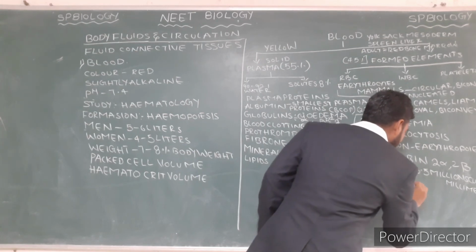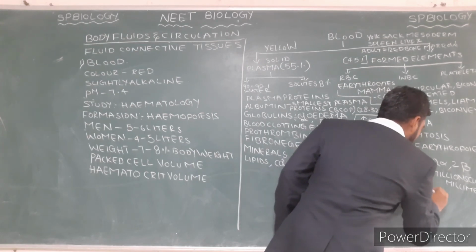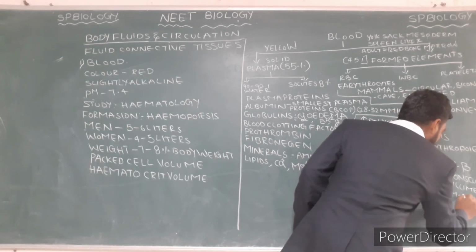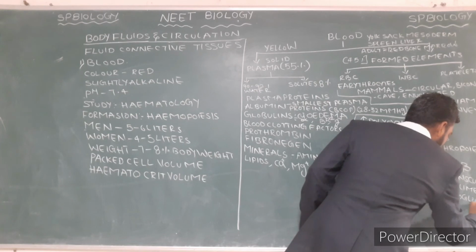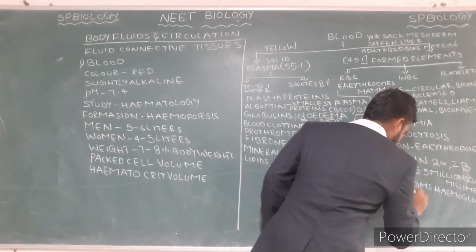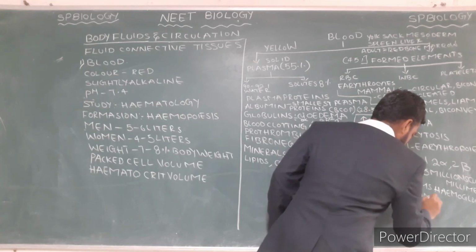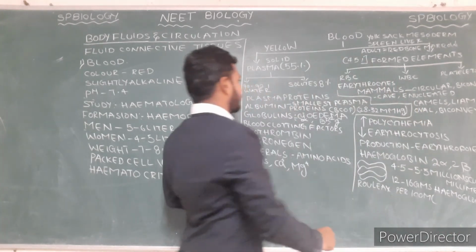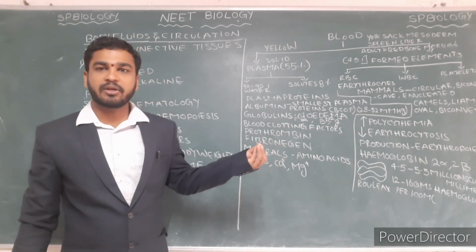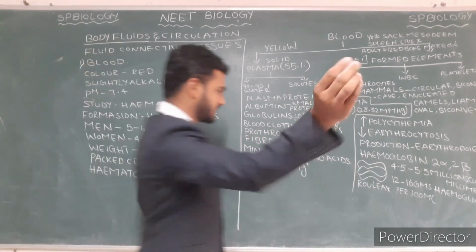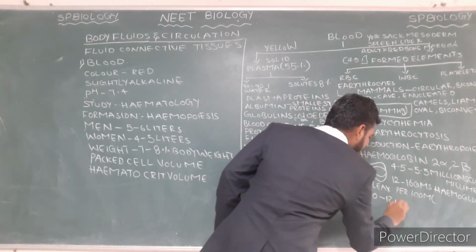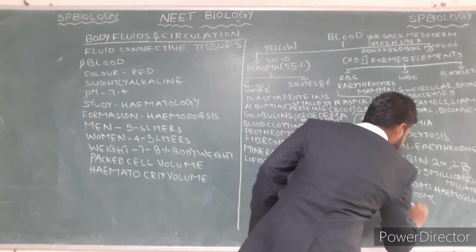The lifespan of RBC in mammals is 120 to 127 days.